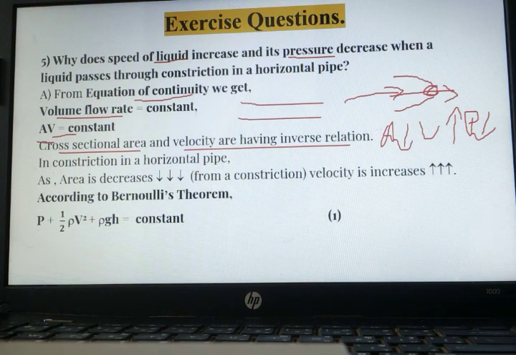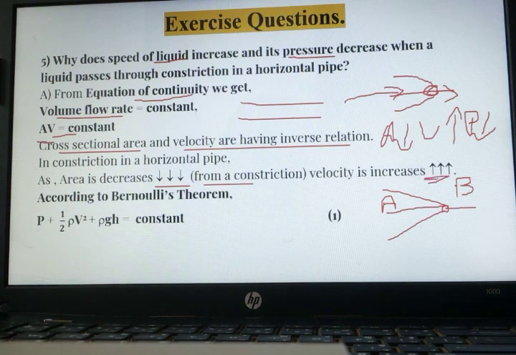Take for example, this is a constriction. If we are measuring the pressure at this point, name it A, and another point is B. These two points, A and B, are at the same height. But pressure at B is decreasing because of the constriction. So velocity will increase.